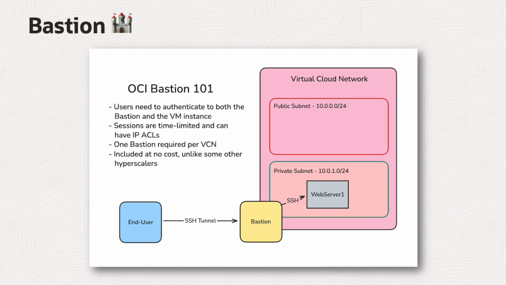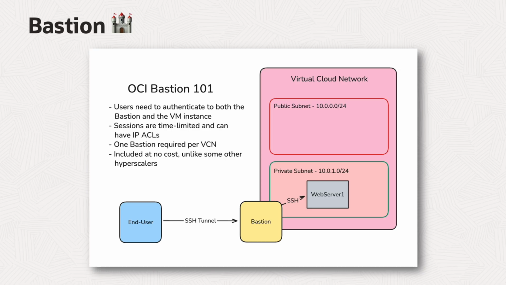And this enables an end user to create an SSH tunnel between their machine and the Bastion service. From this point onwards, they can connect to a VM instance that sits behind the Bastion, either directly using SSH or using port forwarding, for example, to connect to a Windows server over port 3389.